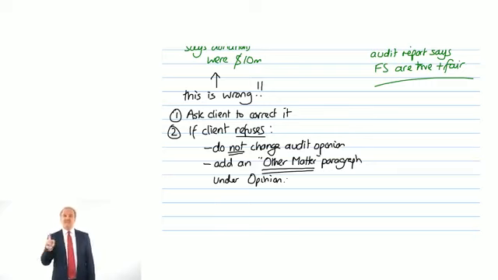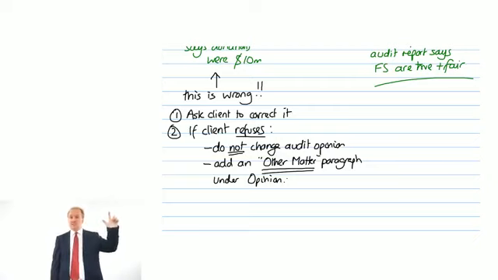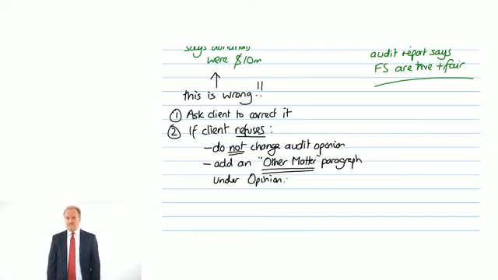You don't have to check anything, but if you see something you know is wrong because it links to the accounts, which you know a lot about because you've audited them, then you're meant to do something about it. So you read this other information, this annual report. If you find anything inconsistent with the accounts, ask the client to change it, and if they won't, put it in an other matter paragraph.